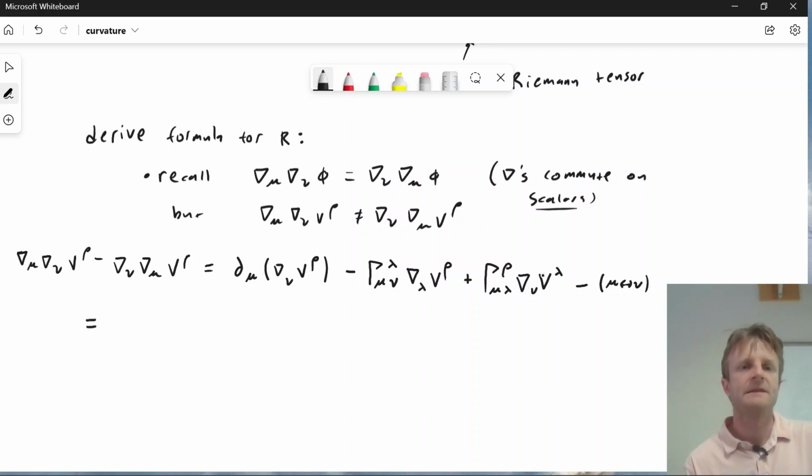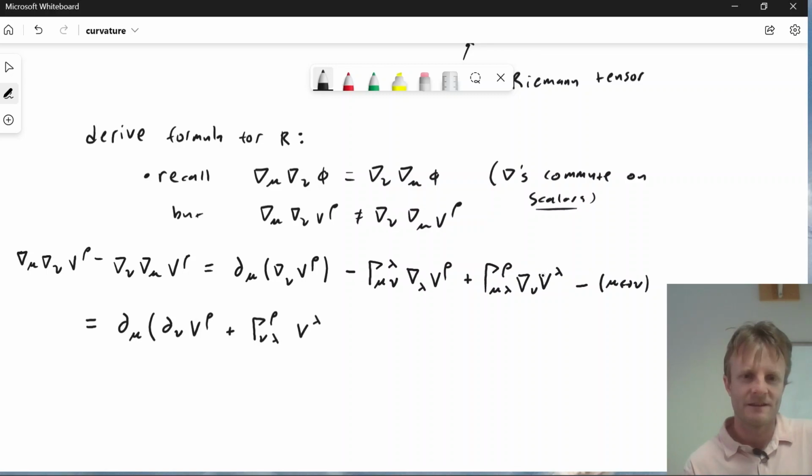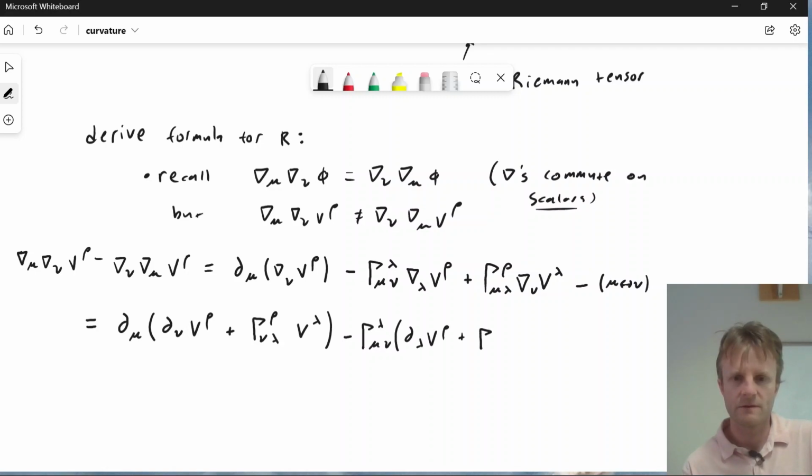Now, I can expand out the inner ones. So let's go ahead and do that. So del lower mu. Now we have to expand out this one. Partial lower nu v rho. This is an upstairs index. It comes with a plus Christoffel rho mu nu. All right, that looks good. Now I have a minus Christoffel lambda mu nu, and I do the same thing, del lambda v rho plus Christoffel rho.